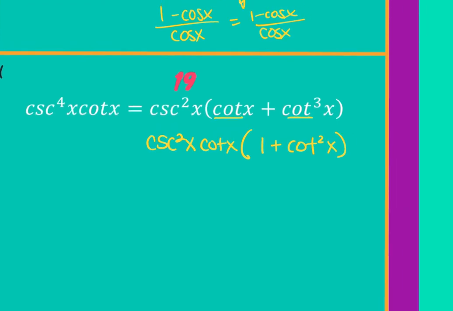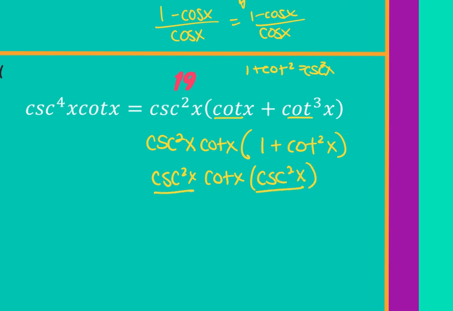If you go back to your Pythagorean identities, 1 plus cotangent squared equals cosecant squared x. So this would be cosecant squared x, cotangent x times cosecant squared x, and then cosecant squared times cosecant squared is cosecant to the fourth x times cotangent x.